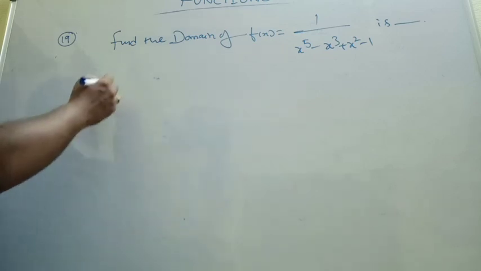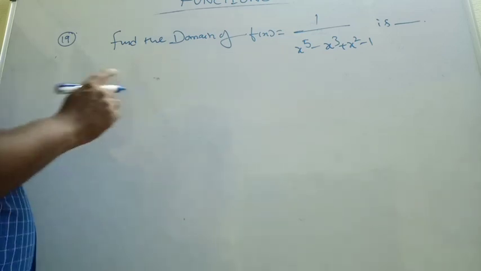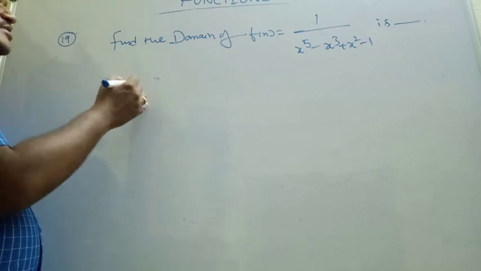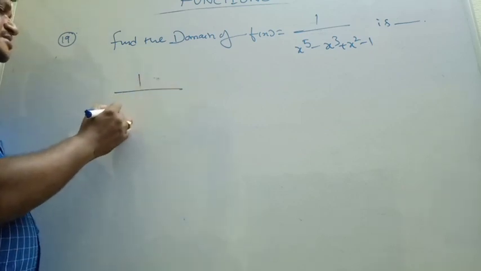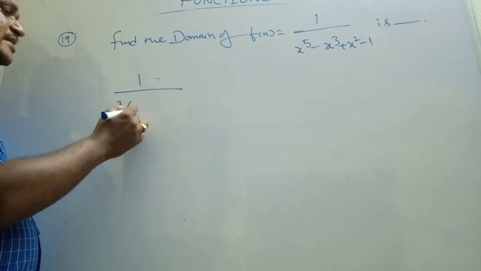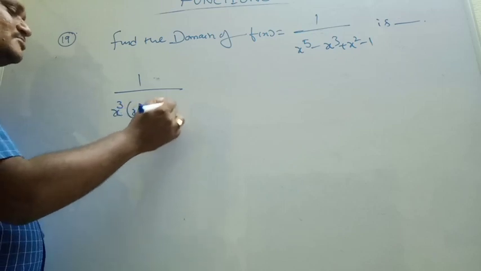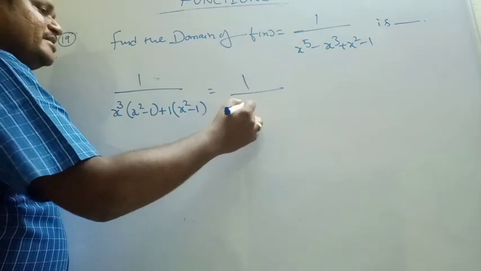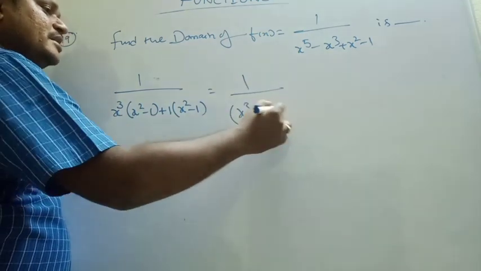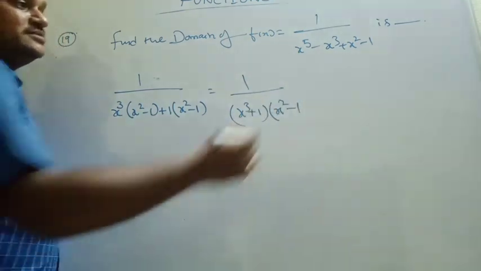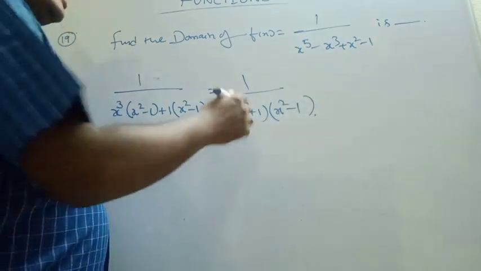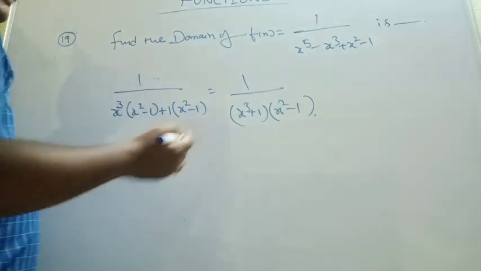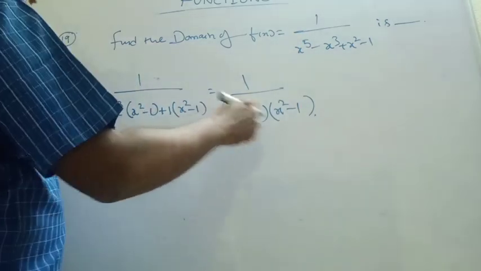Now we have this particular problem, f of x equal to this. We can write this as 1 by x cube, x square minus 1 plus 1 if you write, x square minus 1 like this. This is now 1 by x cube plus 1 into x square minus 1. This denominator should not be 0.